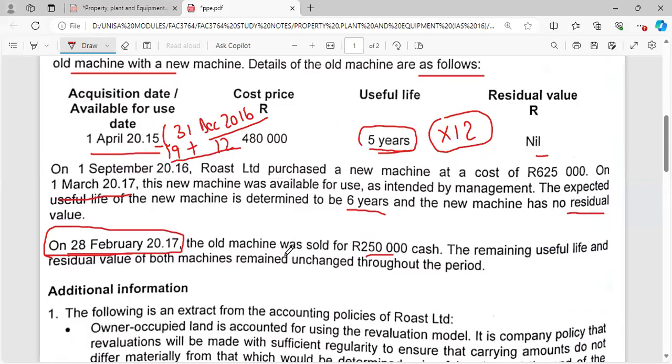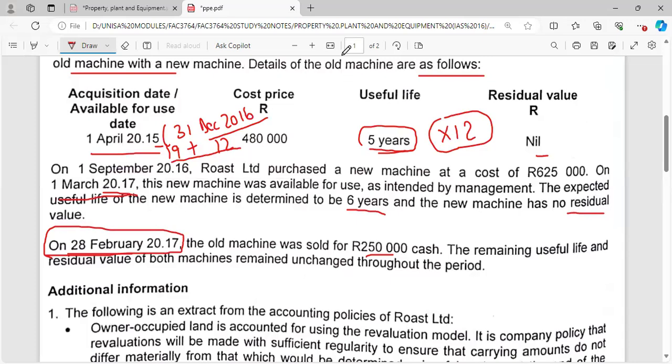You will see that the new machine was only depreciated in 2017. So the depreciation for the new machine at the beginning of the year is not going to be part of the depreciation.